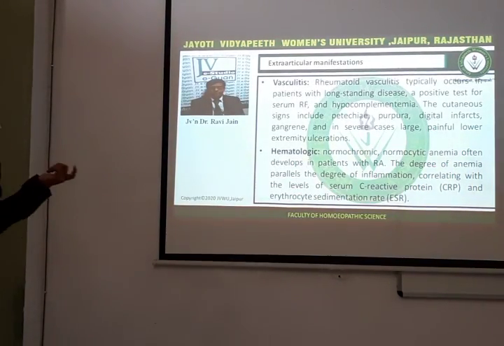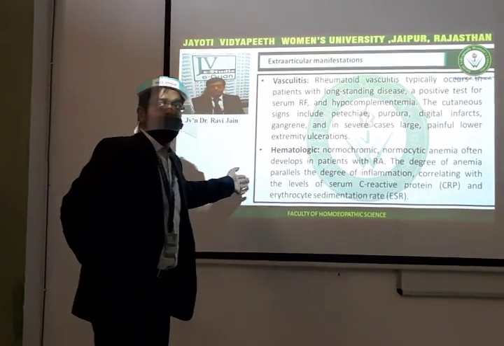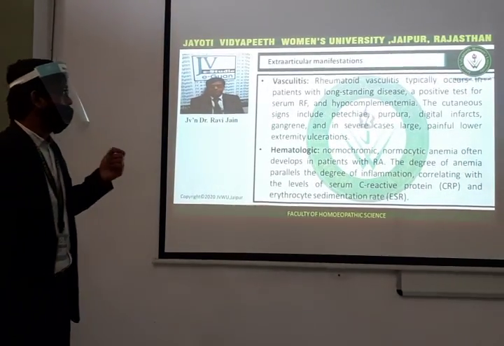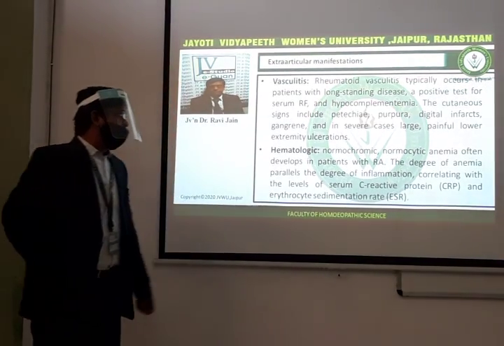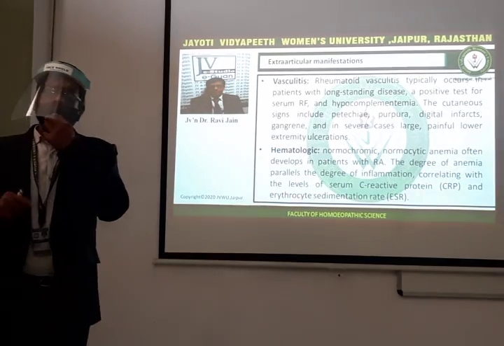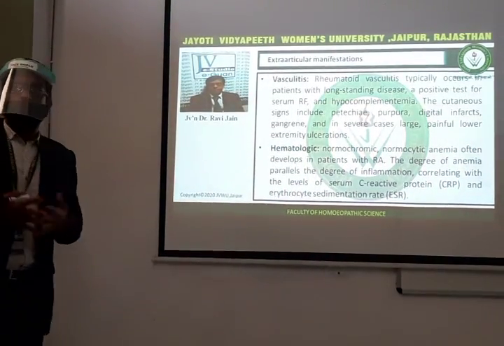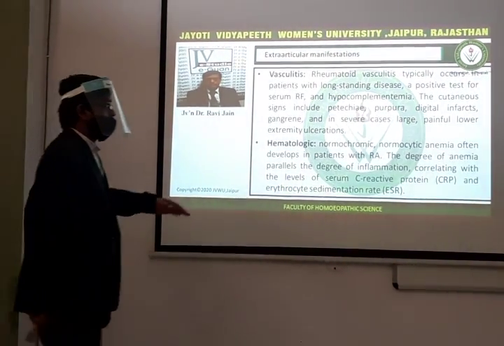There are other hematological features, which include normochromic normocytic anemia, because anemia was one of the extra-articular manifestations. This often develops in patients with rheumatoid arthritis. The degree of anemia parallels the degree of inflammation. The more the inflammation, the more the anemia. Alright, and as the treatment progresses, the inflammation is reduced and the anemia also reduces.